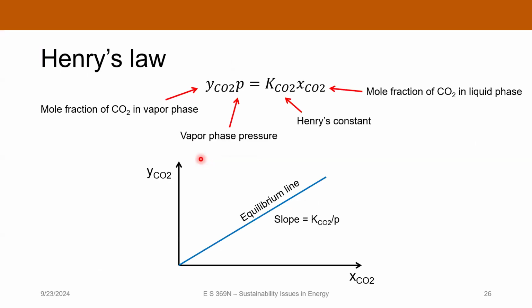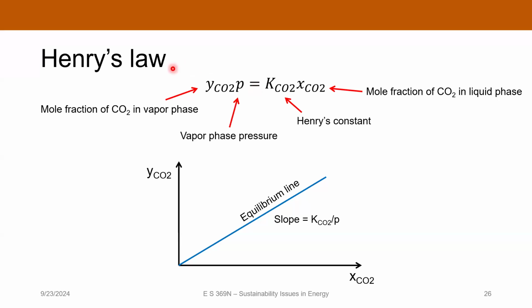Now, the way that these things actually work is described by Henry's law. So we've got an incoming gas stream, which is interacting with a liquid-based absorber. And so we have to think about the partitioning of the carbon dioxide between the liquid phase and the gas phase. And that partitioning is given by Henry's law.